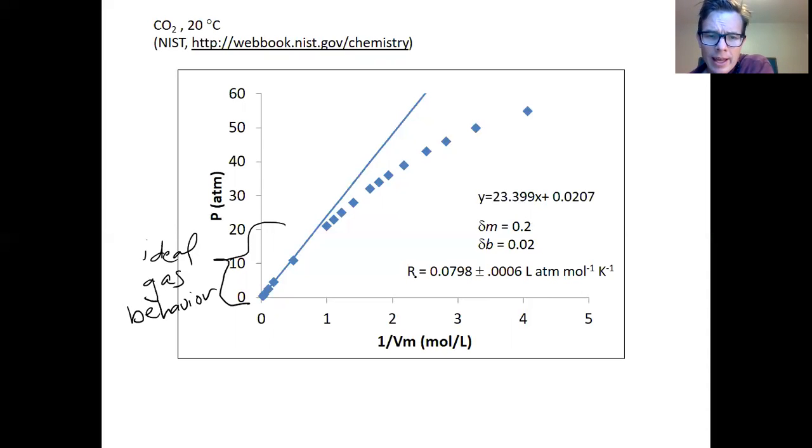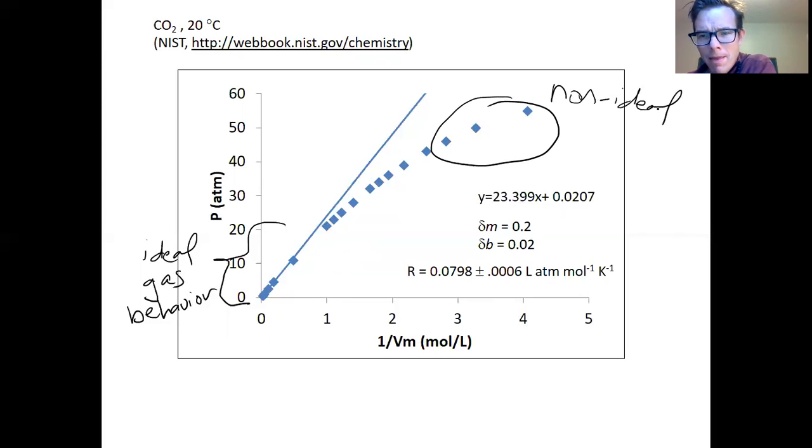It also reveals something which is really interesting. This is my cliffhanger. Down here, gases behave ideally. But up here, gases are not behaving ideally.